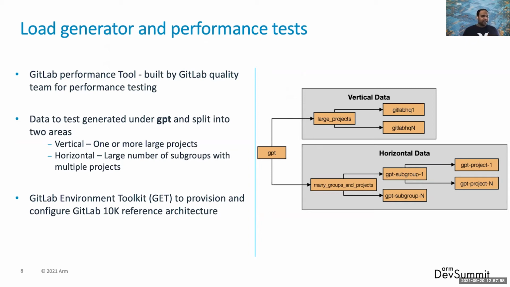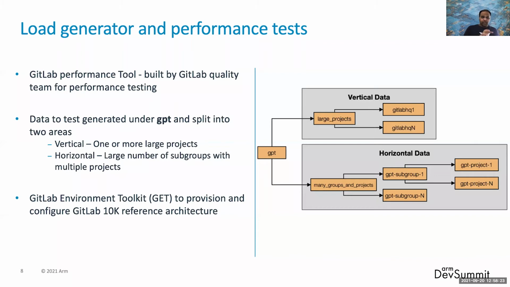In the diagram you see here, all the data generated through the load generator GPT is under a group named GPT, and it's split into two areas, vertical and horizontal. The vertical data consists of one or more large projects that are considered a good and representative size for performance testing.